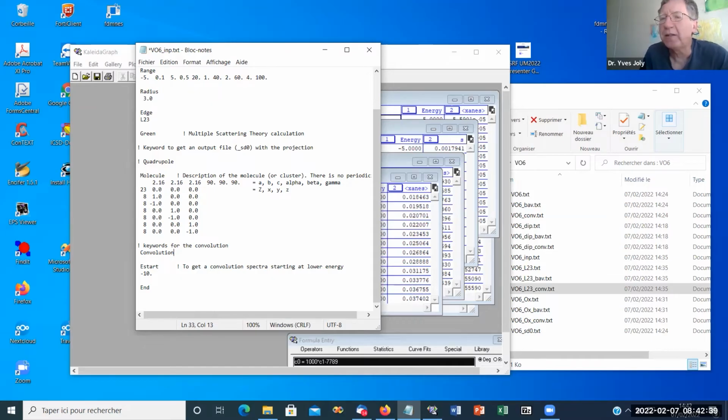Second point, a colleague of mine went beyond this, considering vanadium, or I think it was iron, in solution. You have the local order, but you also have a second shell, highly disordered, but it is there.